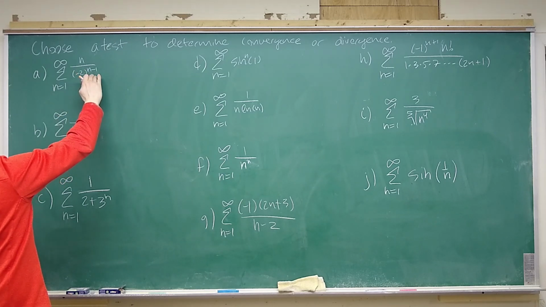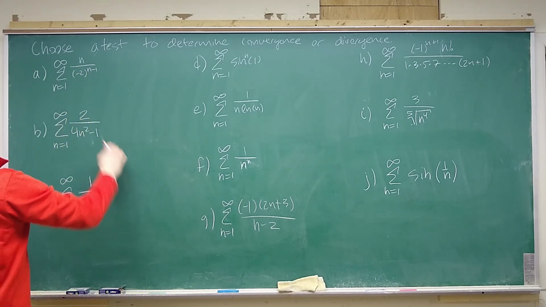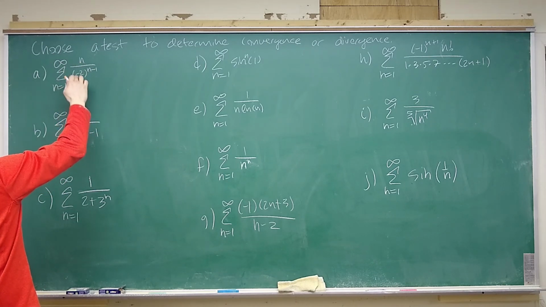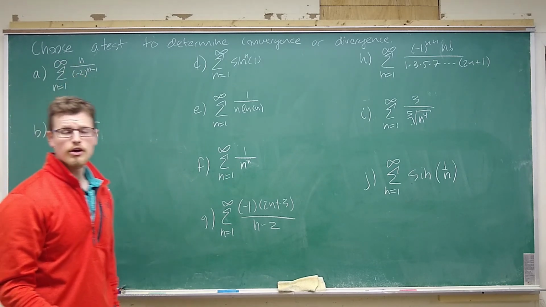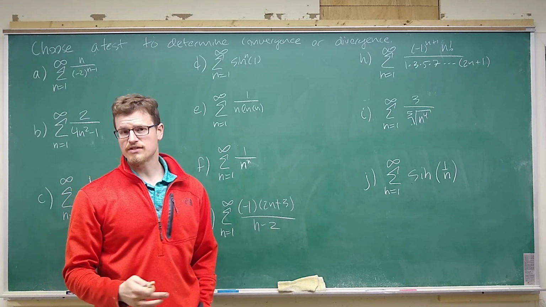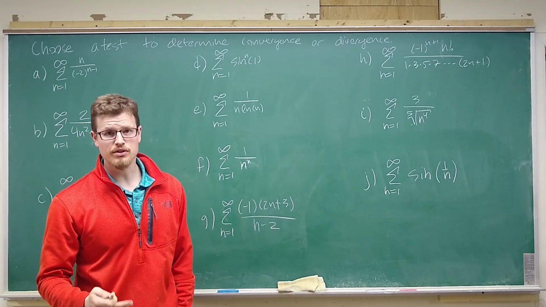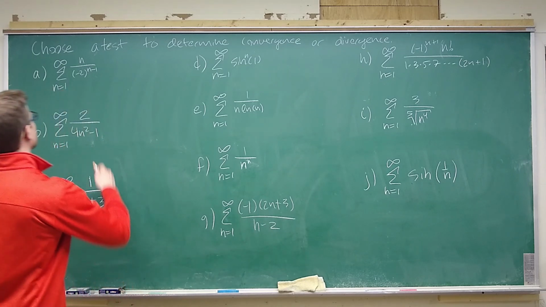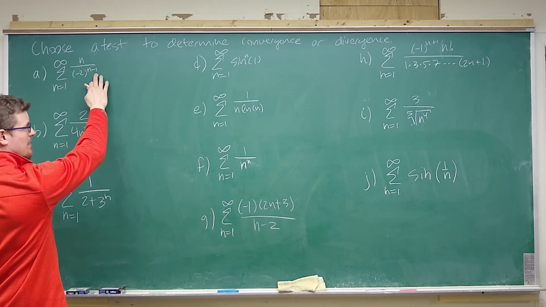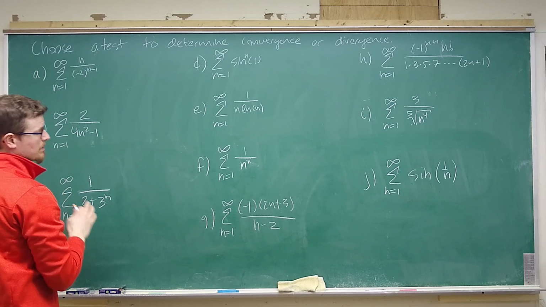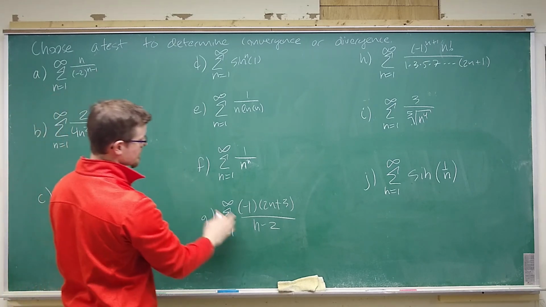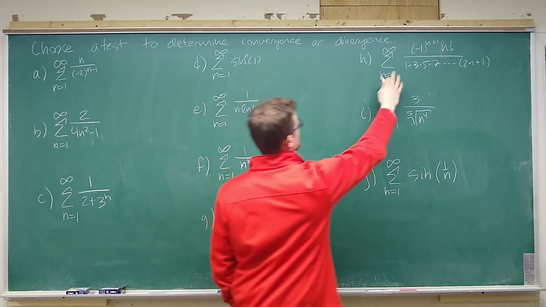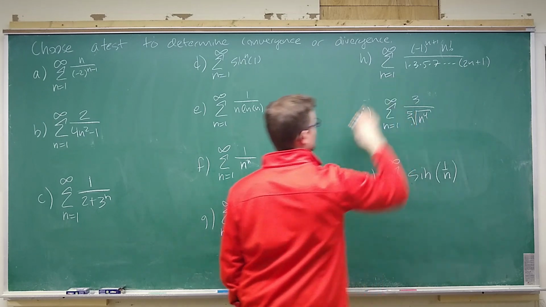So for this one, if we start at A, we see that it has a -2 raised to a power. So we should recognize that that gives us an alternating series. So it would suggest that we want to use the alternating series test. But do we have any others that would work maybe better? So we have alternating series, alternating series, alternating series.